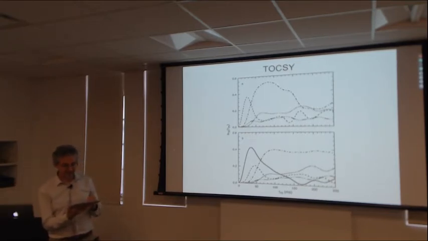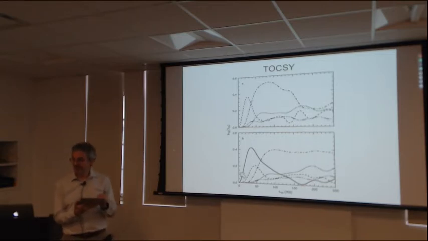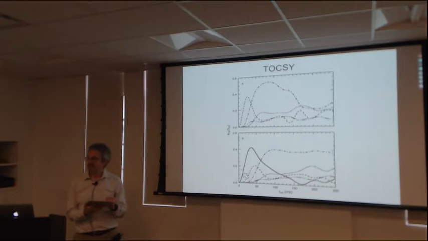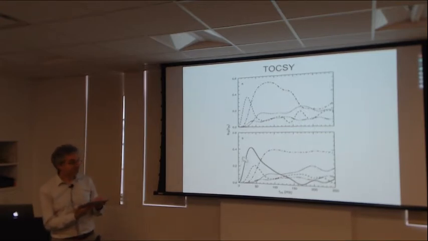Essentially what happens, let's assume for the moment that B is in water, and the solid line shows what happens if you start on the amide hydrogen and turn on the TOCSY field. Well, the first coupling is between the amide hydrogen and the alpha hydrogen. So one sees buildup of magnetization on the amide hydrogen, and that becomes maximal somewhere around 40 milliseconds of TOCSY.